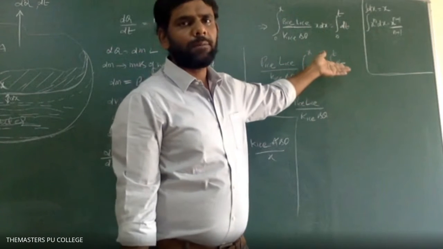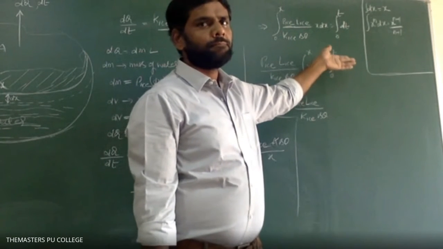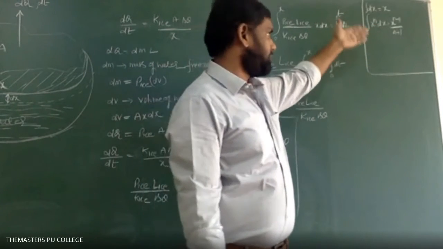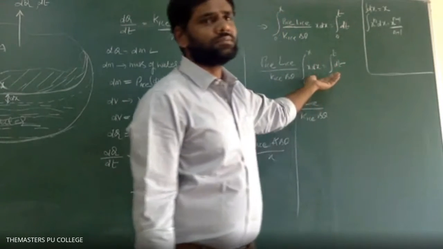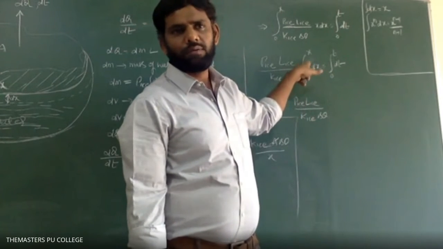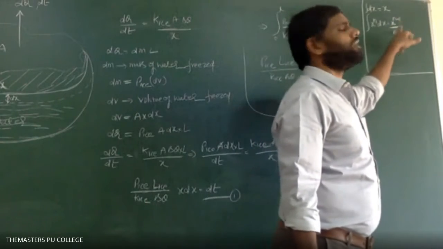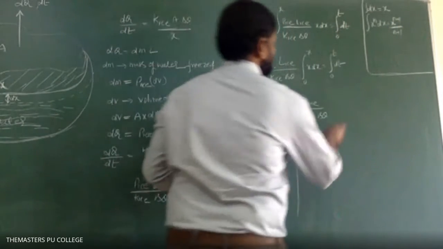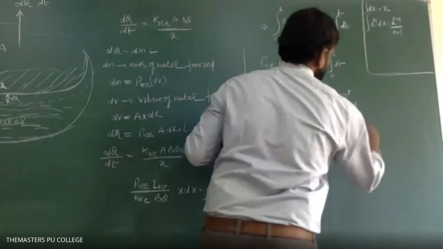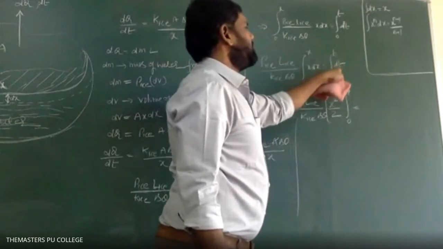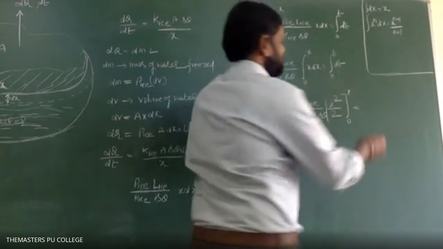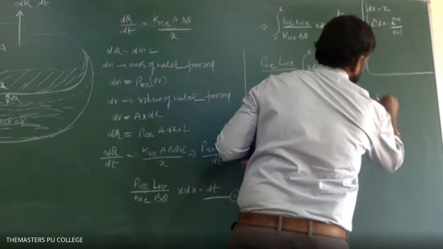So we apply the formula: x to the power of 1 plus 1 upon 1 plus 1, that is x squared upon 2, within the limits 0 to x. That equals integral dt, which is t, within the limits 0 to t.